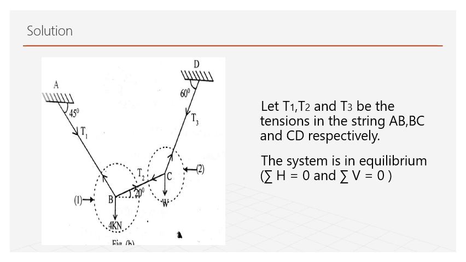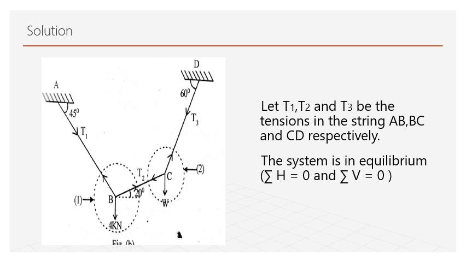Again here we are considering the joints B and C. So let's consider the joint B first, hence it is marked 1. Later we consider the joint C, that is marked as 2. Let the tensions in the strings AB be T1, BC be T2 and CD be T3.